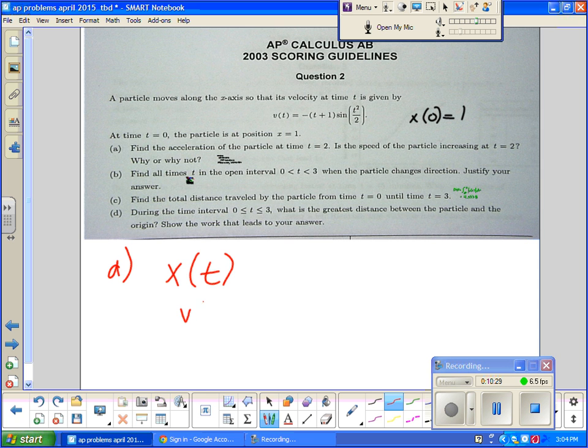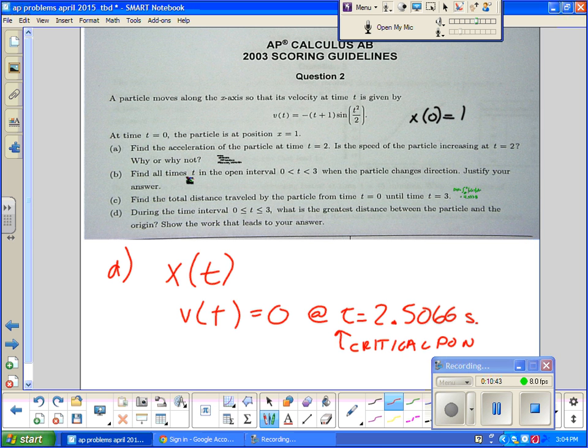So right away, we can write v of t equals 0 at time equals 2.5066, right, seconds? And this is a critical point. You guys all agree? And think about it. On letter B, we've already told you that v of t goes negative to positive. You guys agree?